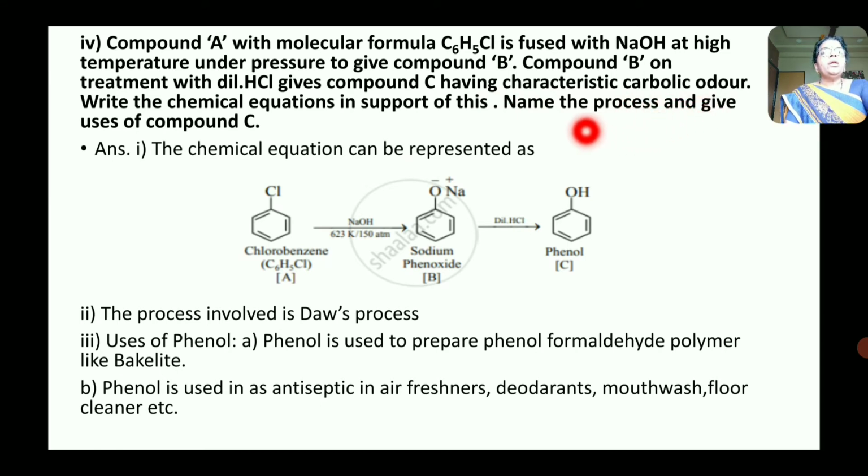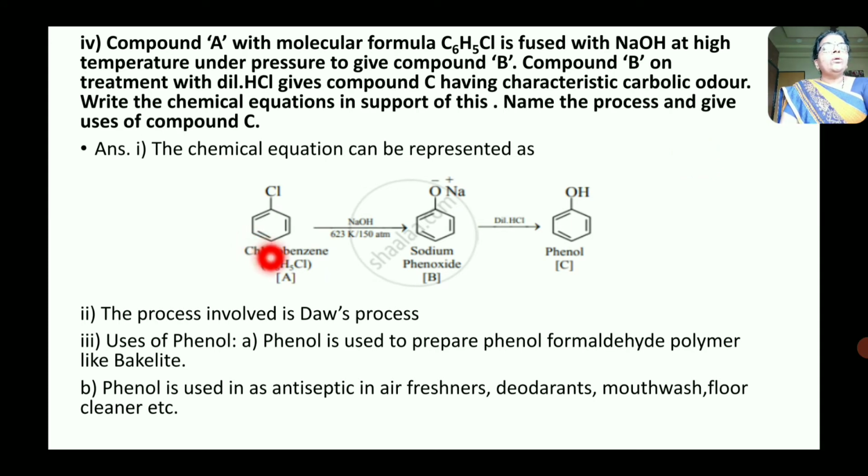Write the chemical equation in support of this, name the process and give uses of compound C. Now here first we are going to see what is A. Compound A with molecular formula C6H5Cl is chlorobenzene.